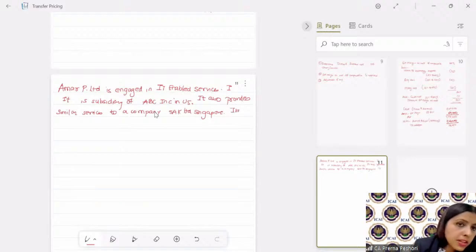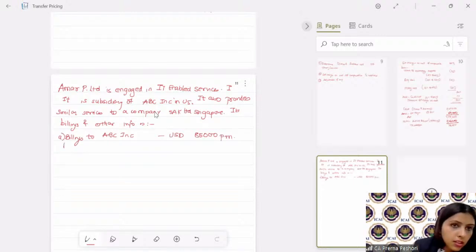Its billings and other information is: billings to ABC Inc. USD 85,000 per month. Billings to SAK Limited USD 70,000 per month.